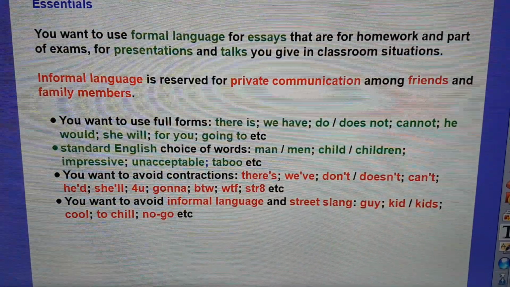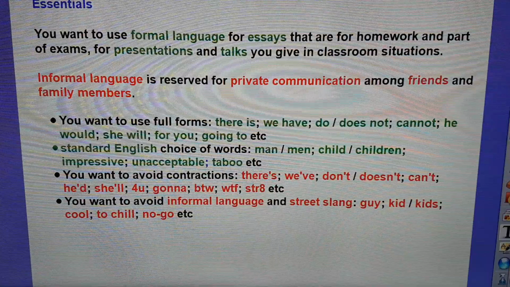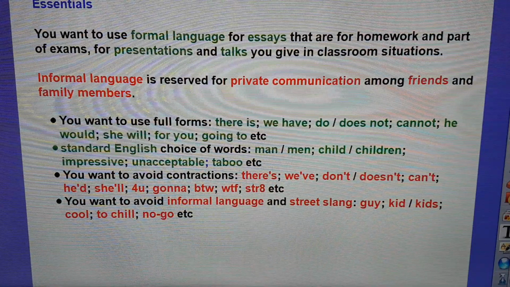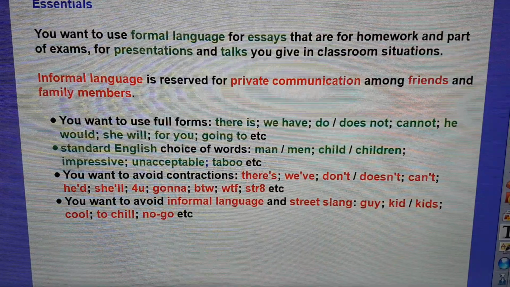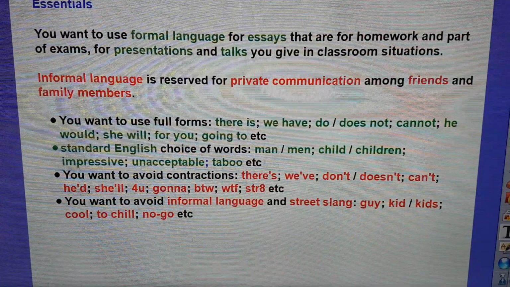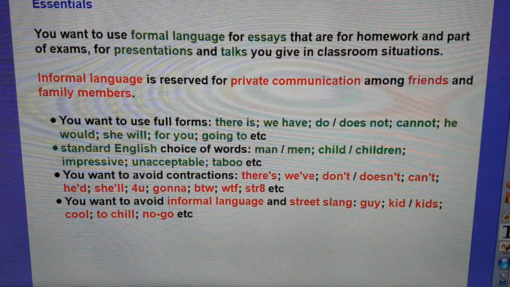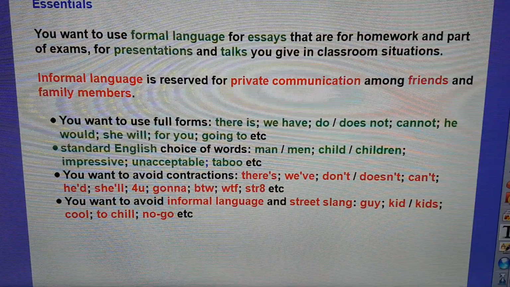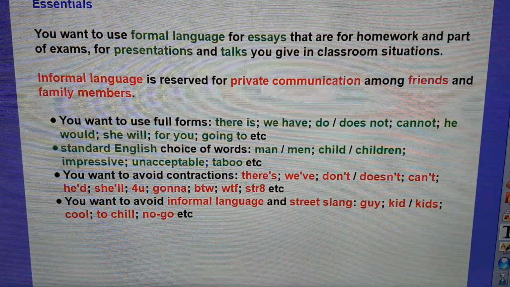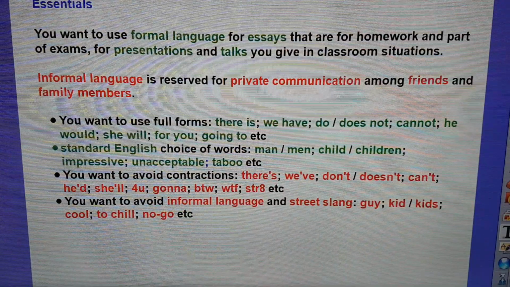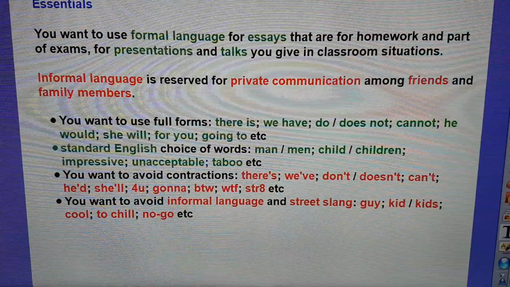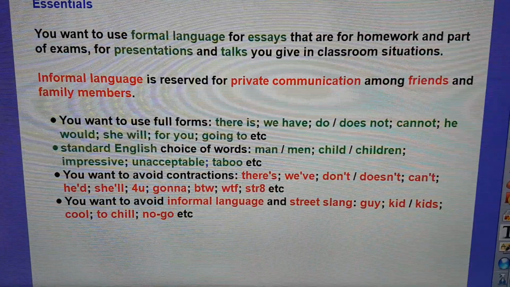When you write an essay for homework or in an exam, you please want to use formal language. And informal language is reserved for private communication among friends and family members.